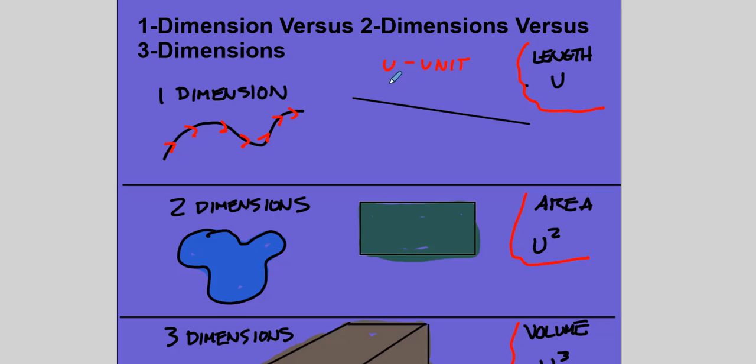An example of a unit could be an inch, a foot, a yard in the English system. These are length measurements. It could be in metric, a meter, a centimeter, a millimeter. Anyway, that's what I'm referring to with U. I'm not being specific though about what units I'm using.